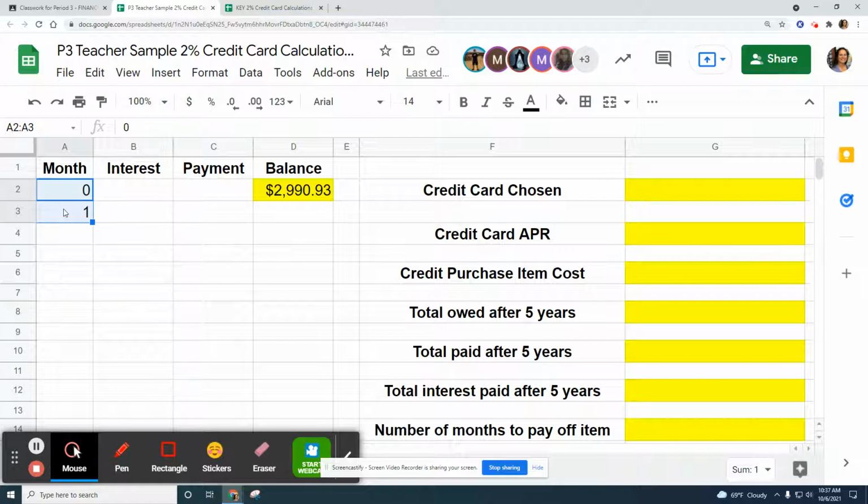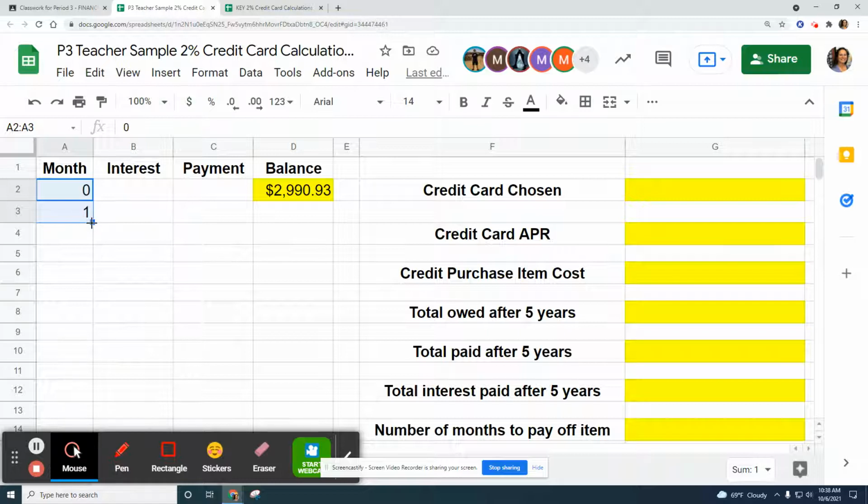Ready? Click in cell A2, hold down the shift key, click in cell A3. I'm going to say it multiple times for the people that aren't with me. Raise your hand if you've got 2 boxes highlighted.